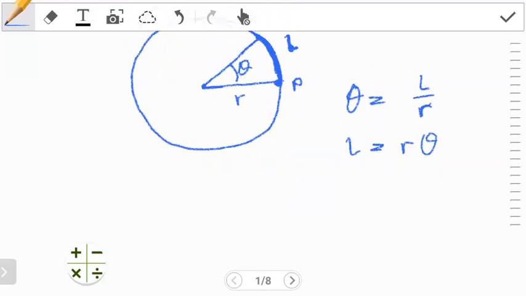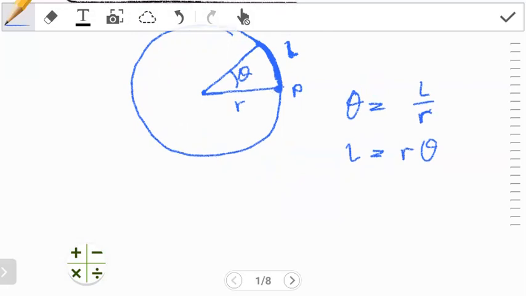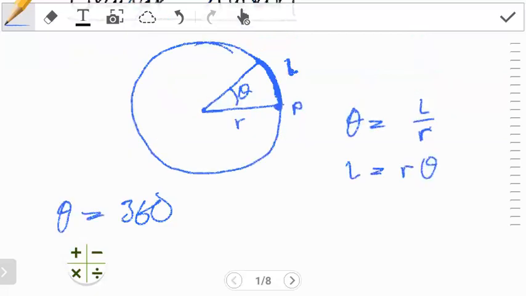So if the point P was to move from the original position all the way and back to this position, in terms of degrees, the angle covered is going to be 360. But in terms of arc length, the total circumference of the circle that it would have covered is just going to be 2 pi r.